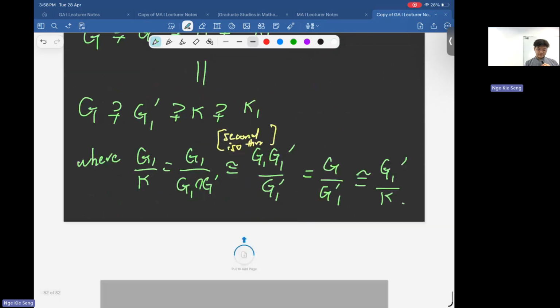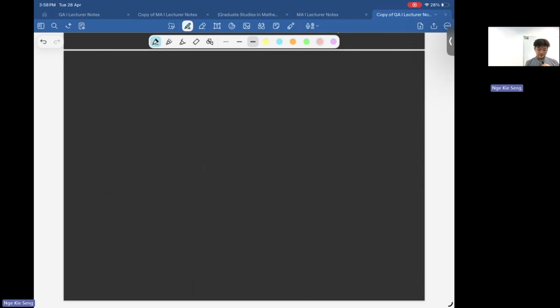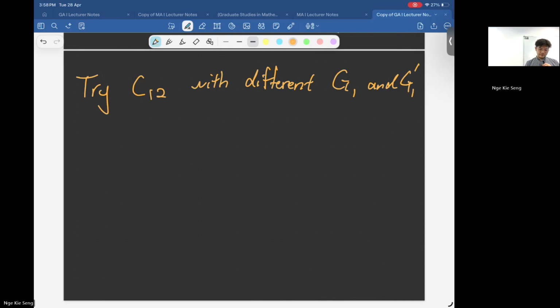Is it long enough? So try C12 with different G1 and G1 prime. Okay, sure.